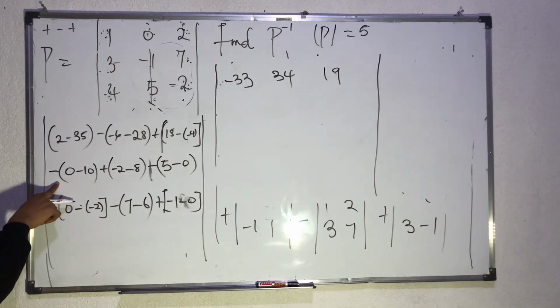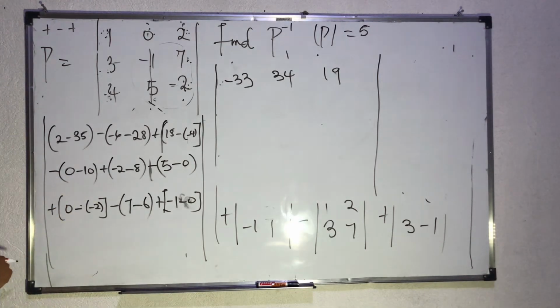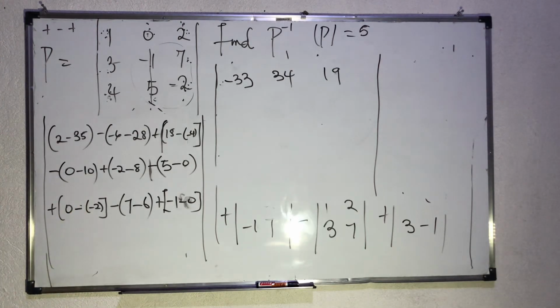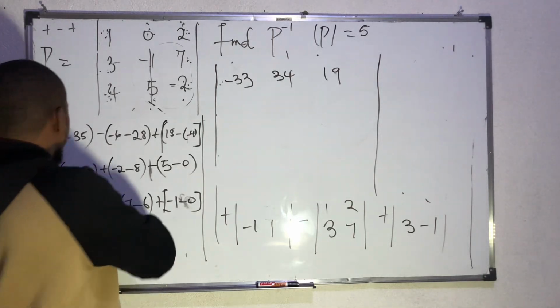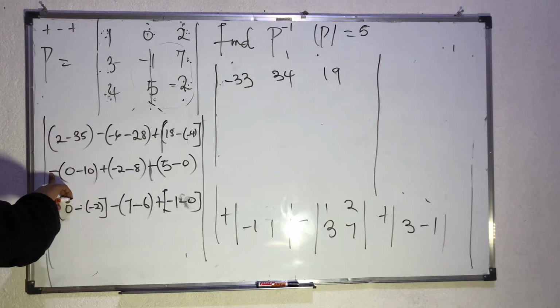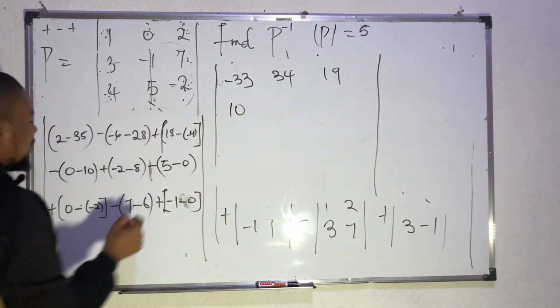For the next row, 0 minus 10 gives us a negative 10. Negative 10 multiplied by the negative sign here gives us a positive 10. We have a positive 10.